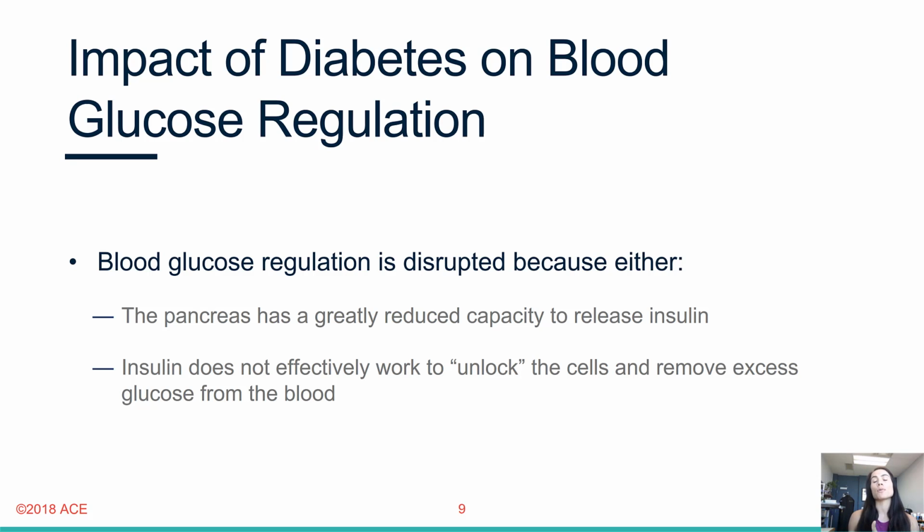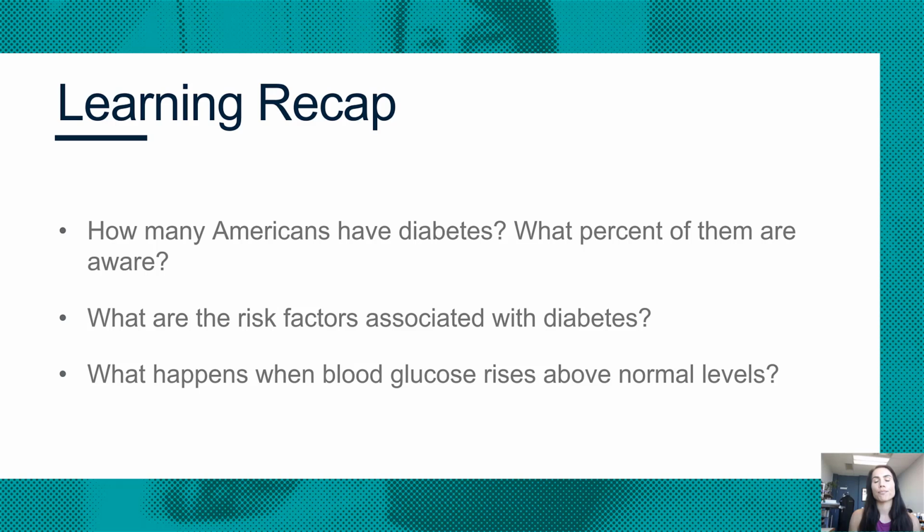Somebody might still be producing insulin, so in that first process the pancreas is still producing it and the beta cells are still working, but they become insulin resistant. Even though they're producing the insulin, they're not actually able to use it. They're not able to effectively work with the cells that open up so that the glucose can go into the adipose tissue as well as the muscle.